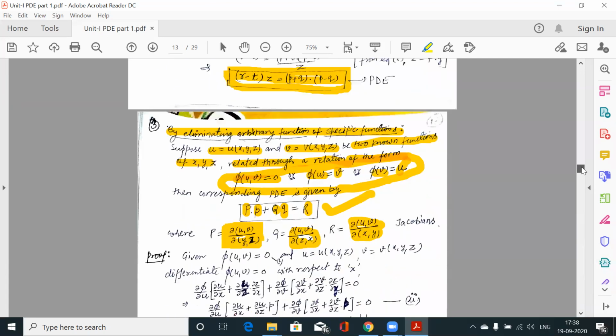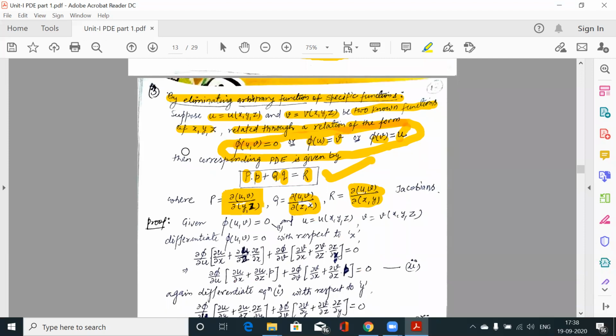So what is the application of this third concept? If you are given this type of question in any of these forms, function of uv is equal to 0, or function of u is equal to v, function of v is equal to u, then we can directly write the answer: capital P into small p plus capital Q into small q is equal to capital R. We need to calculate capital P as the Jacobian of uv with respect to yz, capital Q as the Jacobian of uv with respect to zx, and capital R as the Jacobian of uv with respect to xy.